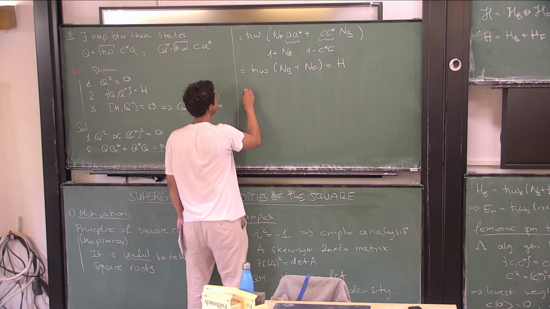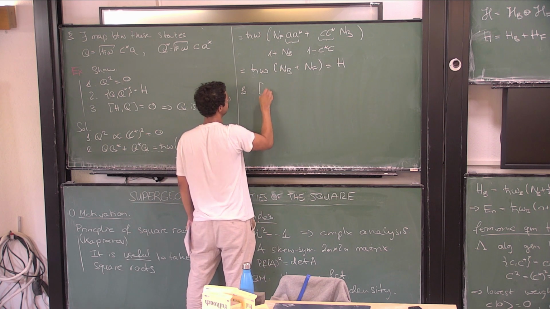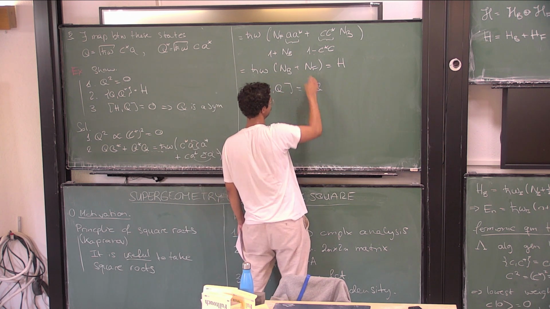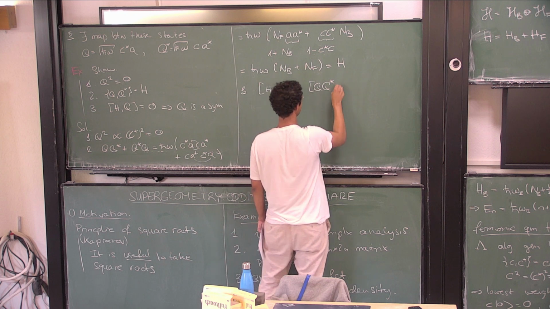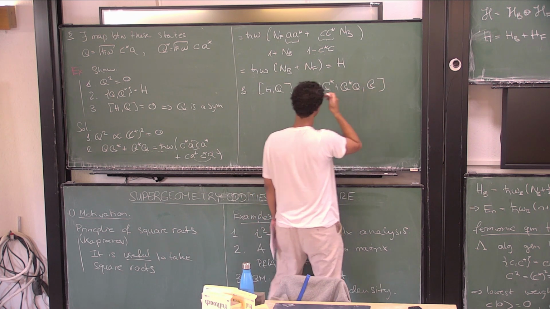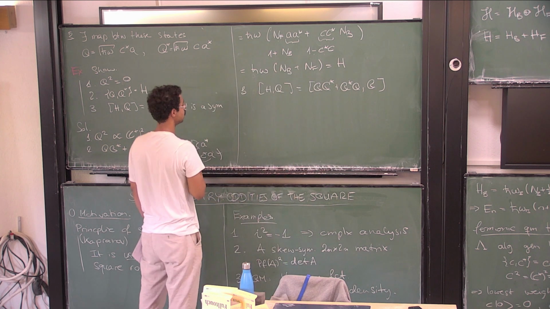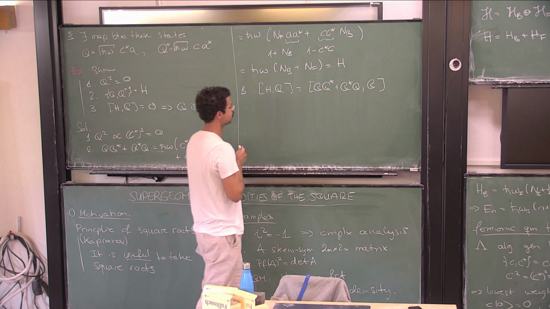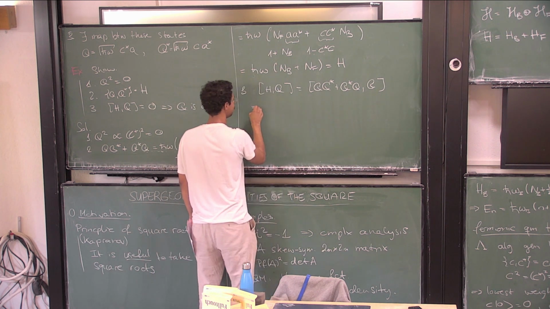And then the third part: H Q is essentially, as we said, Q Q star plus Q star Q, times Q. You just write it out.